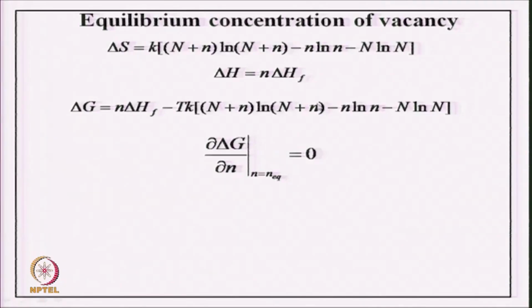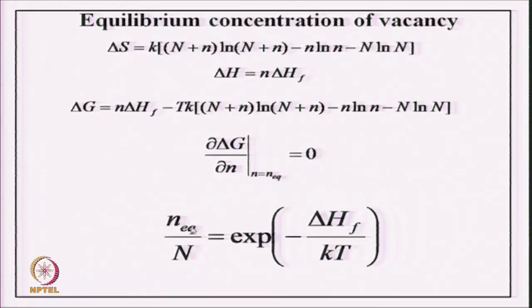So, if we simply differentiate this expression, I leave this algebra for you, please do that. Simply differentiate this expression and apply this condition, then you will find the equilibrium number of vacancies, and here I am showing it as a ratio to the total number of atoms.